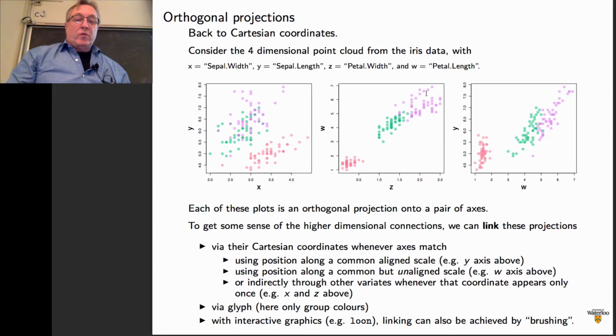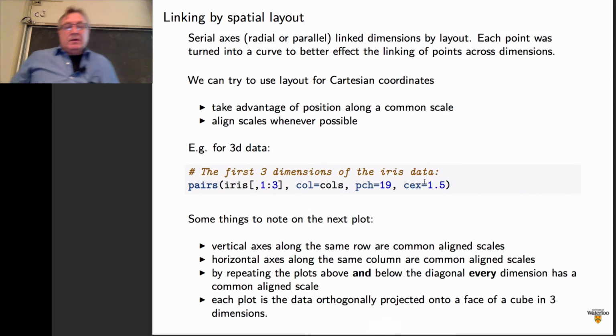Now, unfortunately, we've got 4 dimensions. So when we try to look at all 3 of them at once, that becomes a bit more of a challenge to figure out what that looks like in higher dimensional space. So if you want to think about linking, how do I link information from one set of projections to another projection? Serial axes link the dimensions just by that layout.